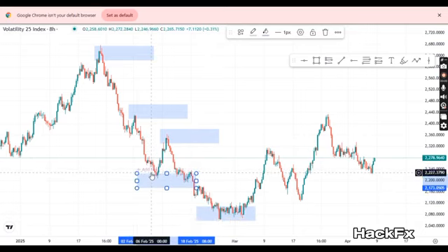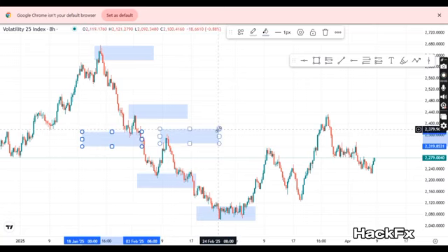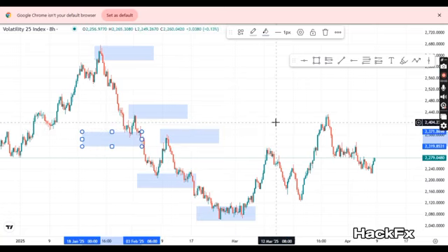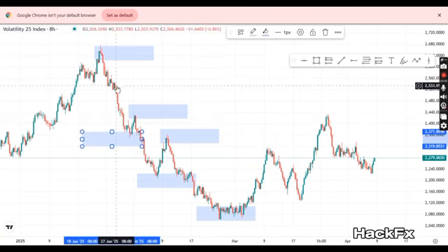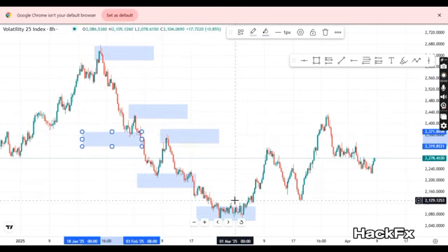Okay, so as we already know, these are the lower lows. So how do we know that this is a downtrend? So this market has been bearish from here, broke this low to this point, made a high, broke that low, and so on and so forth.